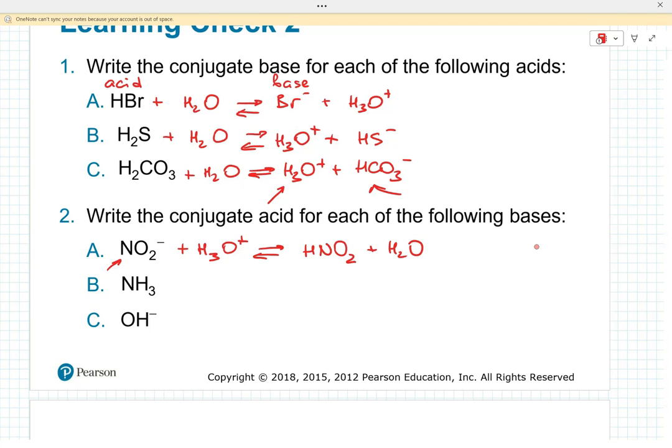Yes? Good. What's going to be the conjugate acid for NH3? NH4 plus, because you're adding hydrogen cation. For OH minus, what is the conjugate acid? Water.